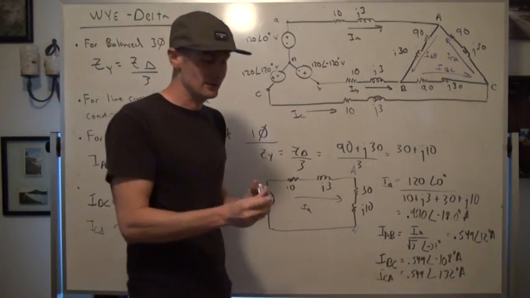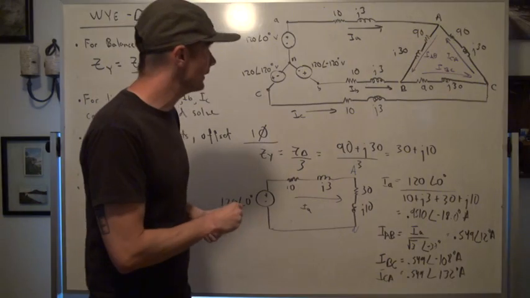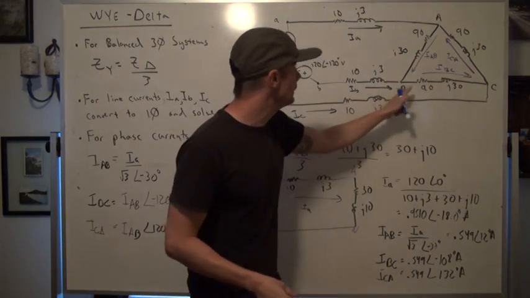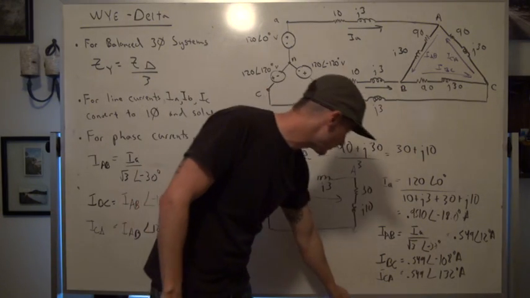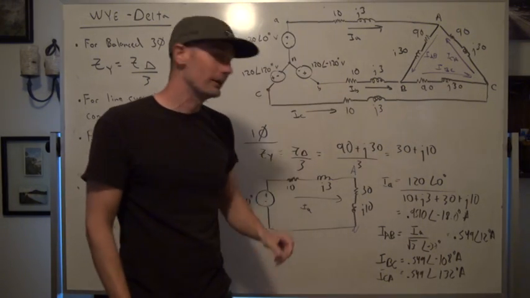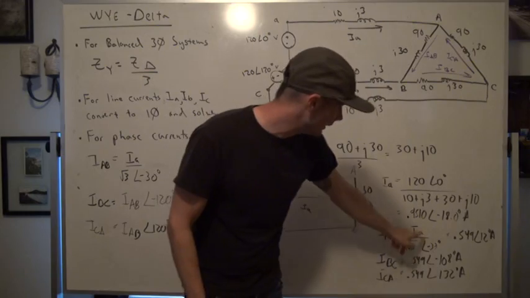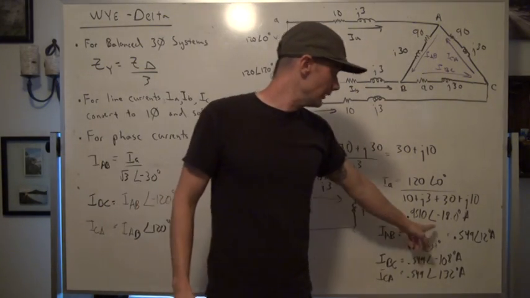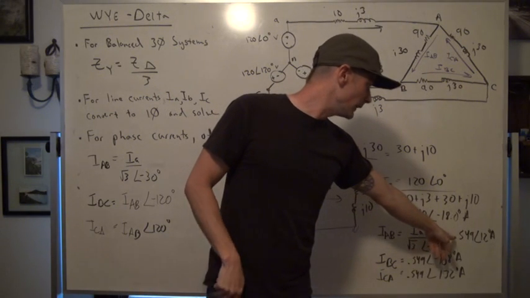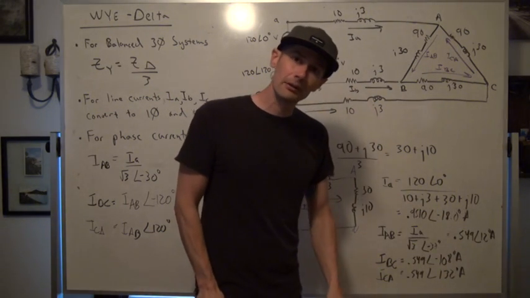What is that current in that phase going from A to B, or B to C, or C to A? Sure enough, all we have to do is take IA, divide by the square root of 3, at an angle of negative 30 degrees, and bam, we get 0.549 at an angle of 12 degrees.